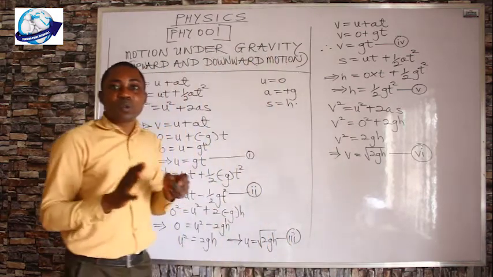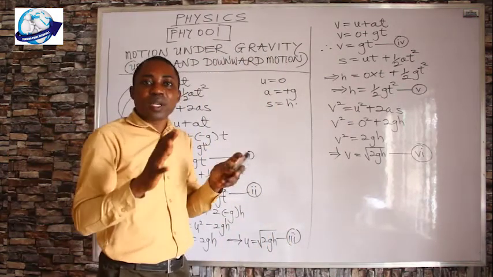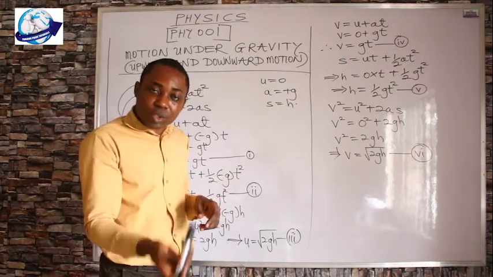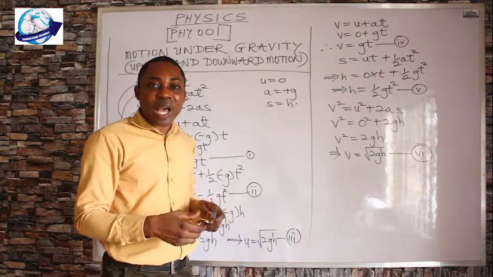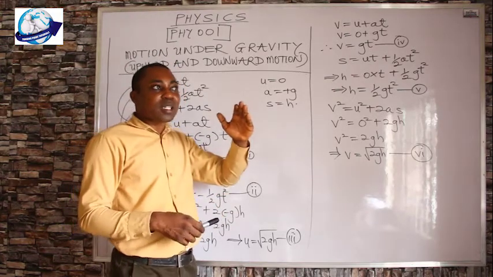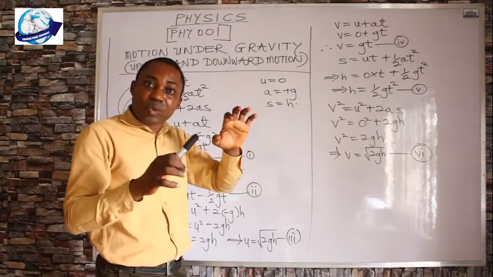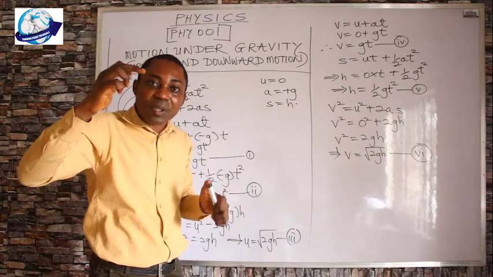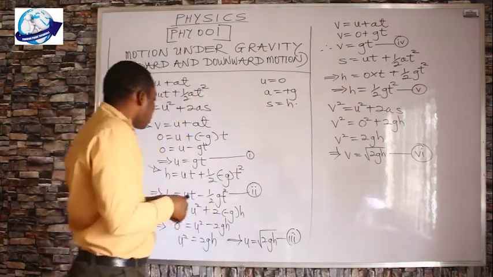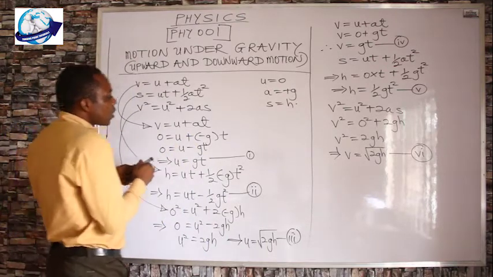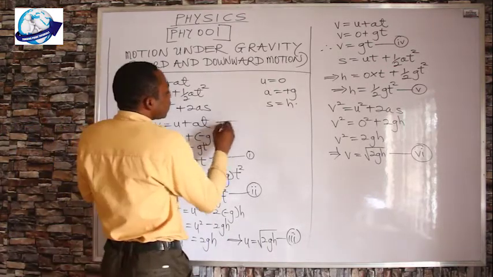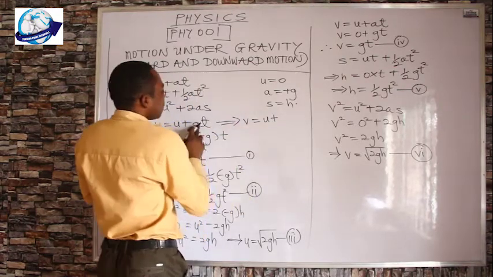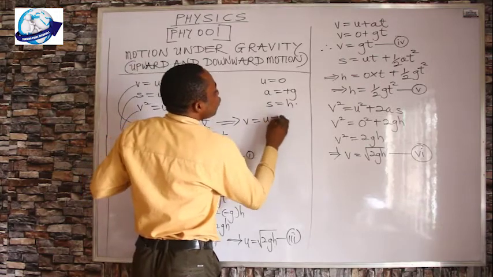But if you understand this, there are some cases where we throw an object upward, and we consider a case whereby it is not going to get to the maximum height, if we are not considering the maximum height, then we can just say that V equals U plus, then minus, GT.